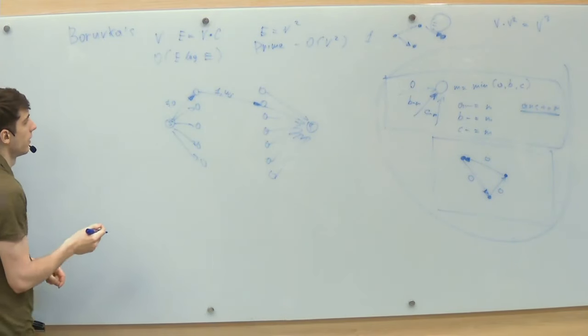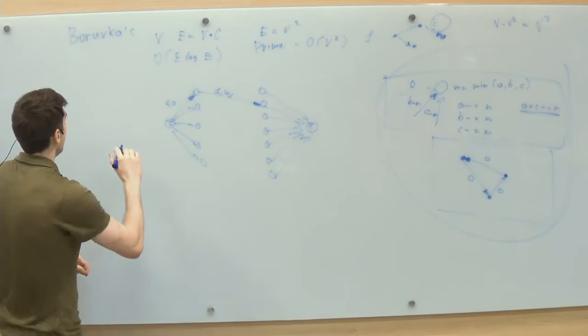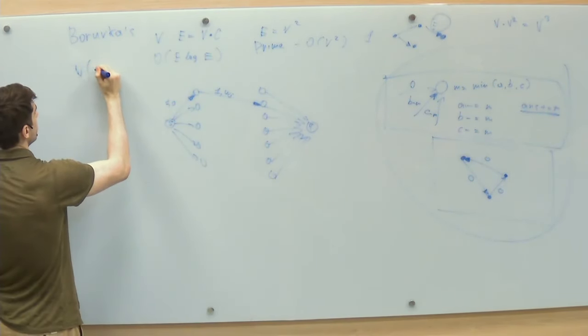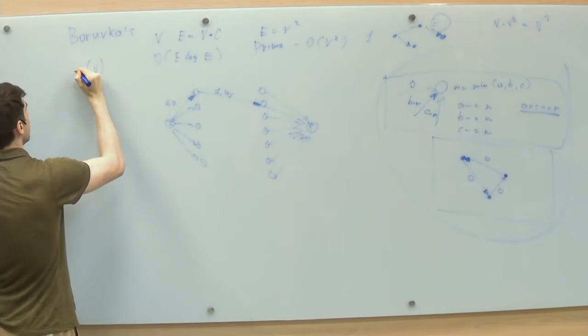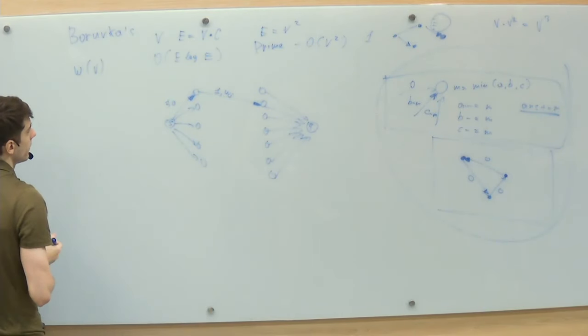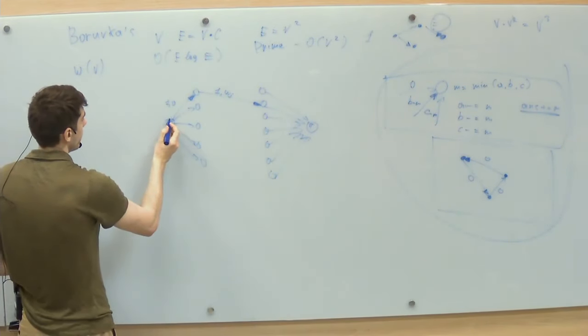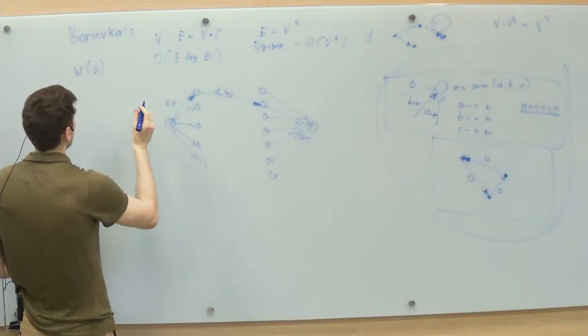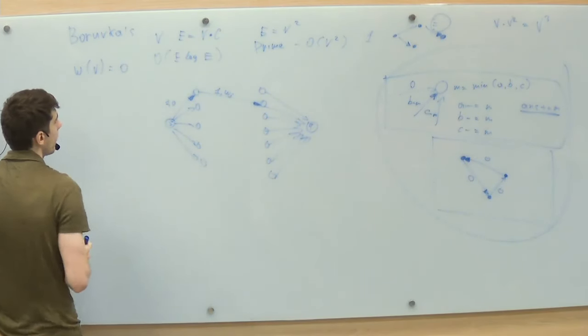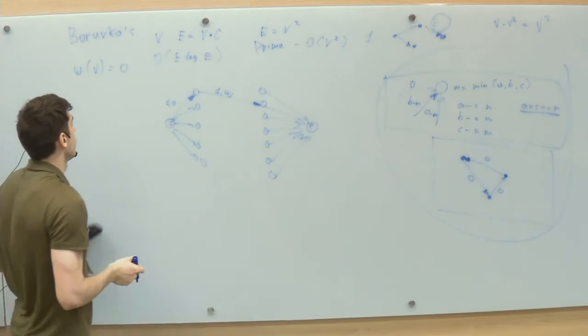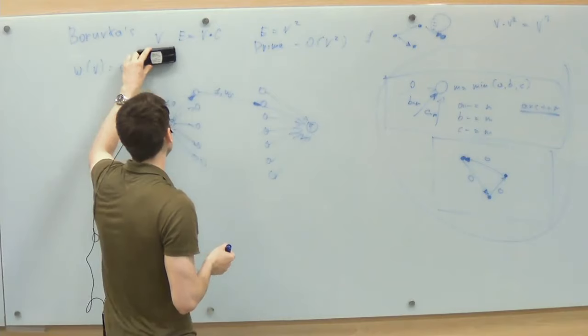So if you're not familiar with this, we just store some potential for the vertices in the network, and for this particular case, it could be just initialized with zeros, but if there could be negative cycles in the graph, we should use the Bellman-Ford algorithm.